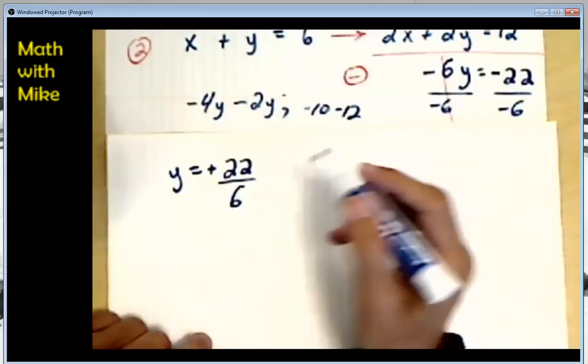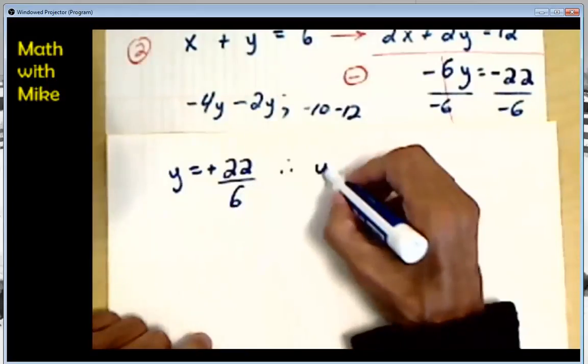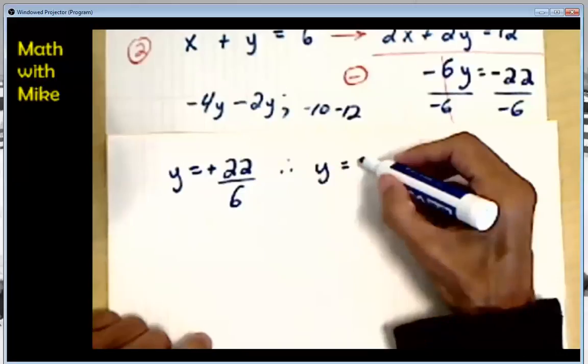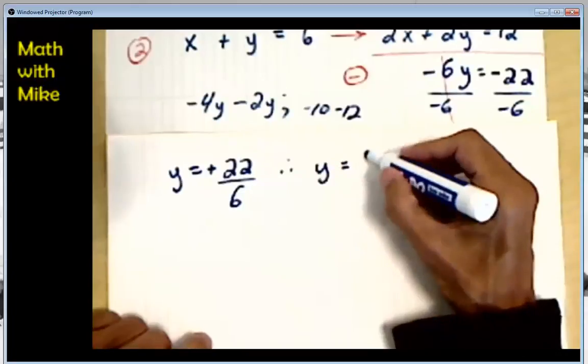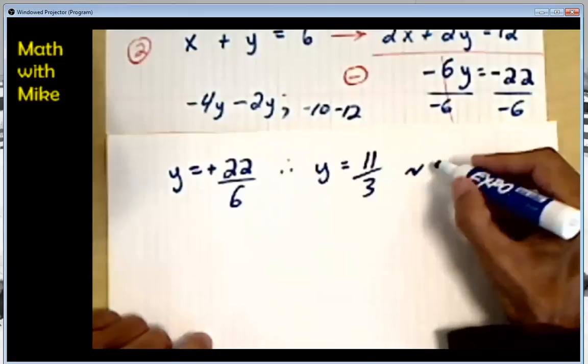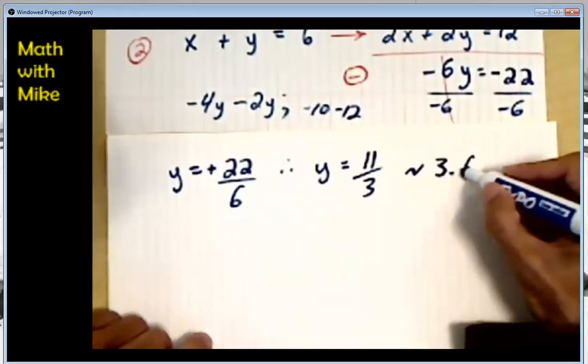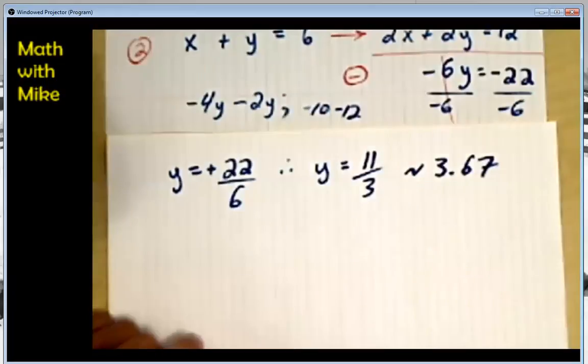Okay, we can make this number smaller. So divide 2 into both. So that gives 11 over 3. And then, yeah, this is about 3.67 if you want to use your calculator to get some decimals for that. Yeah. Okay, that's good.